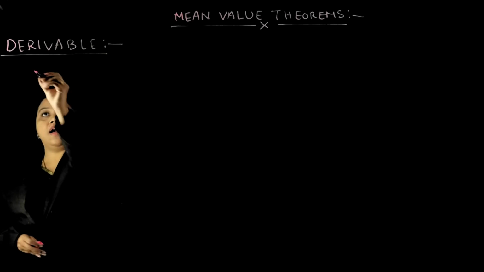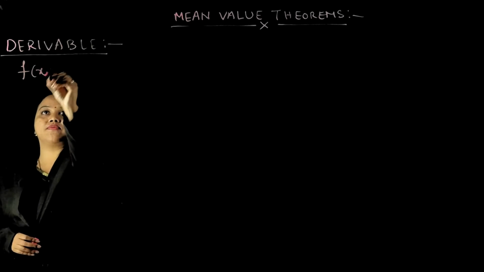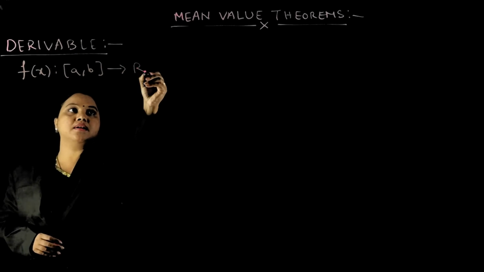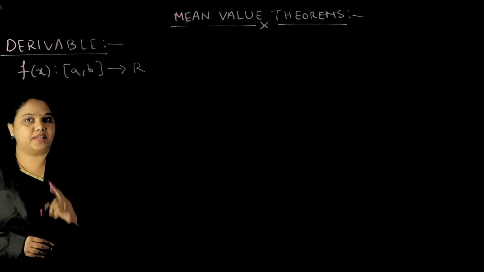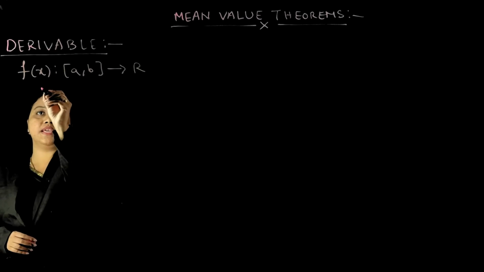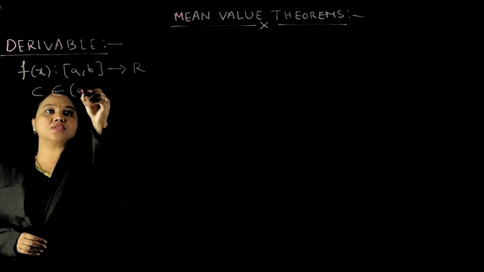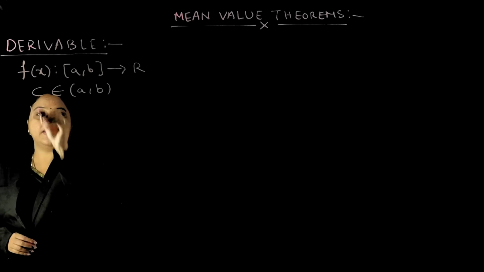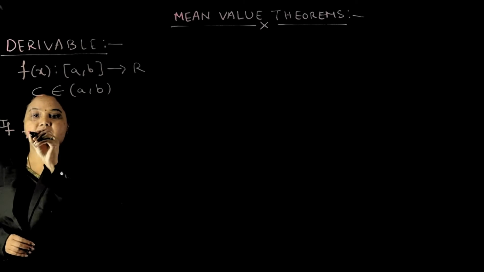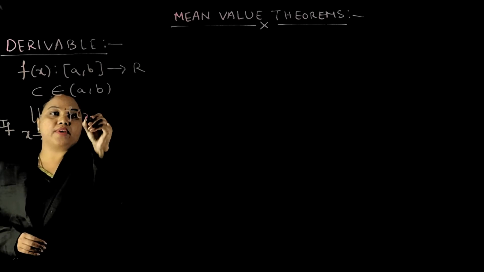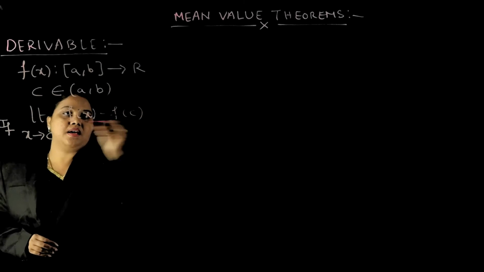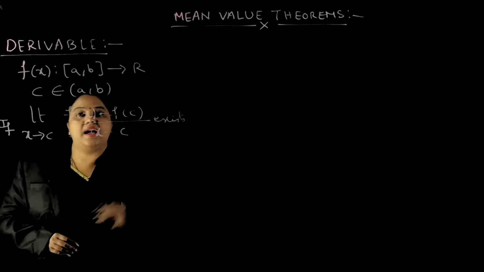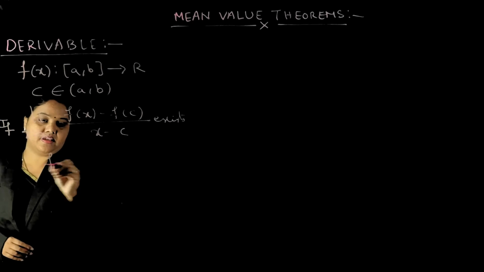That means suppose f of x is a function mapped from a closed interval [a, b] to R. This function is said to be derivable at a point c, where c belongs to the open interval (a, b), if limit x tends to c of f of x minus f of c by x minus c exists. And usually this is denoted by f dash of c.